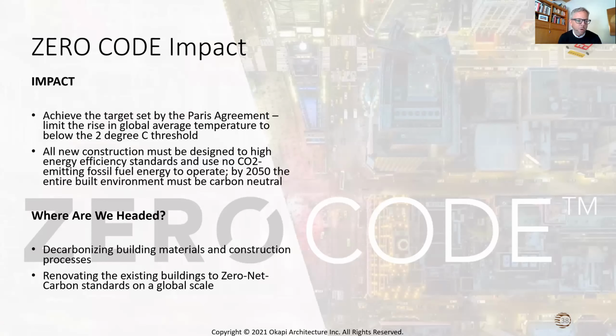That's really the goal. The second phase of the Zero Code considers things like the embodied carbon of building and construction materials and the process of construction.